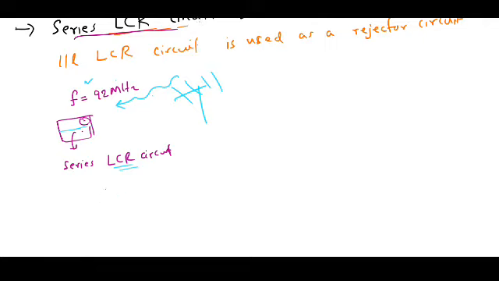To receive this signal, your radio will receive the programs broadcast by this station only when the frequency of the tuning circuit of your radio, given by f is equal to 1 by 2 pi root LC, matches with the frequency of this broadcast. The frequency of this wave must match the frequency of this series LCR circuit.